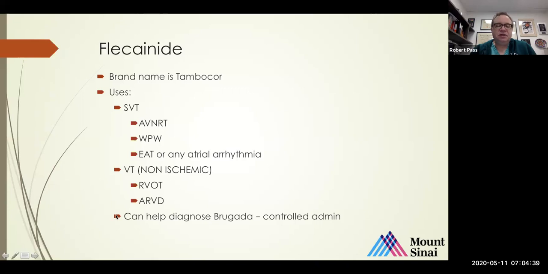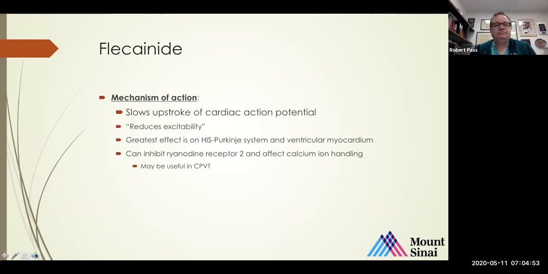It has also sometimes been described to be used in Brugada syndrome only as a diagnostic tool. You would never give somebody with Brugada syndrome flecainide. It would be dangerous, but you can potentially see EKG changes with it, which could help in the diagnosis.